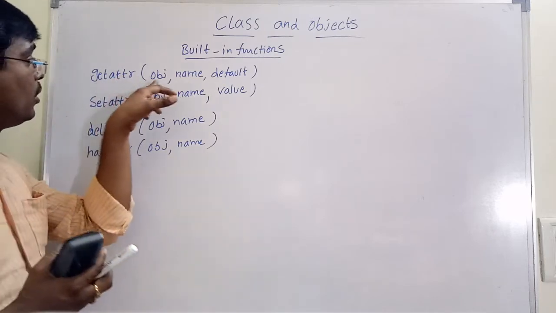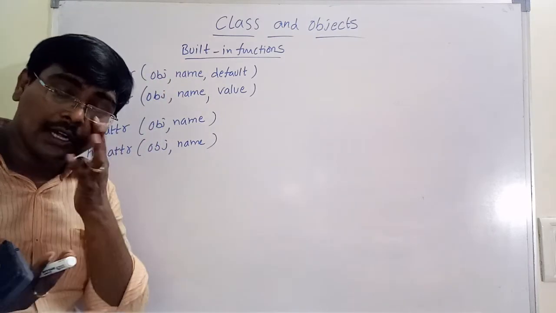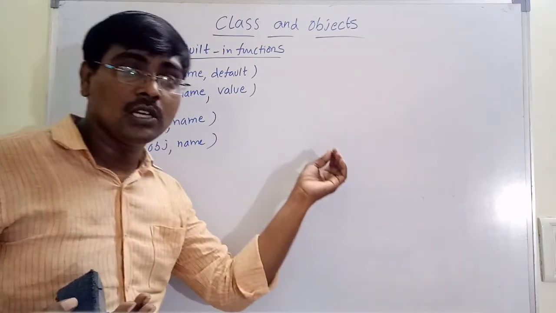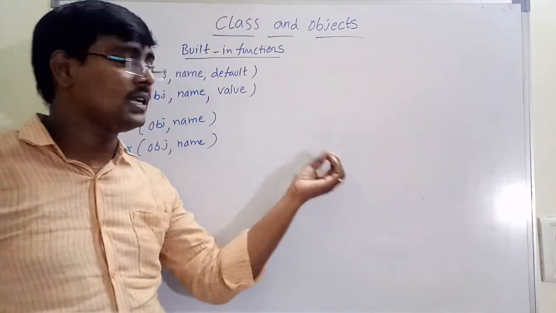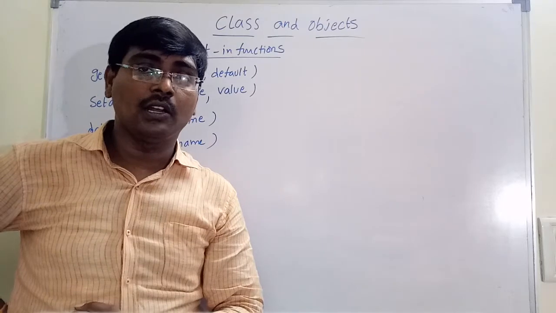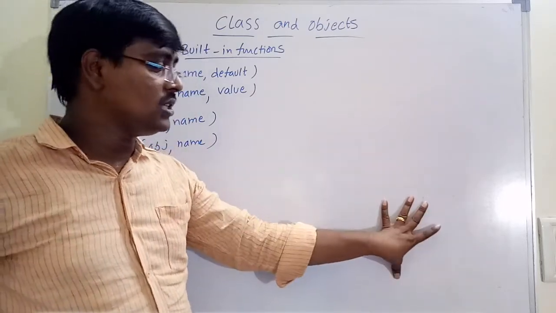So, getattr. If you want to get an attribute, how are we getting it? Suppose in the previous example we wrote s dot id. We are getting that attribute, and we can also get it without using that statement.